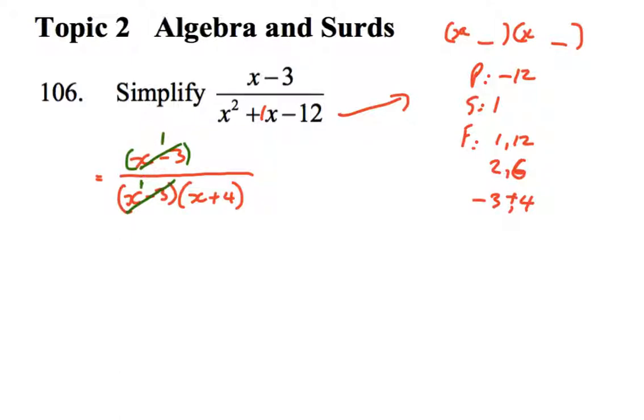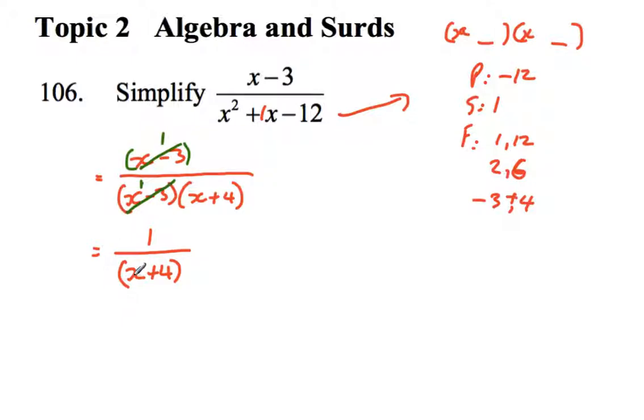So the top doesn't just cancel out totally and disappear. So we'll have a 1 on the top and just an x plus 4 on the bottom. In the end we might put it in brackets.